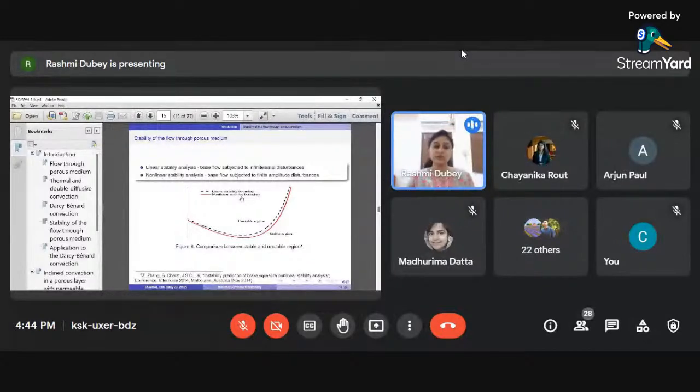And what do the two methods give? It is shown here. Through both analyses, we get the condition at which the system starts getting unstable, or in other words, it separates the stable and the unstable region. That is more appropriate. If we follow linear stability analysis, then we get a boundary like this, given by this red curve.